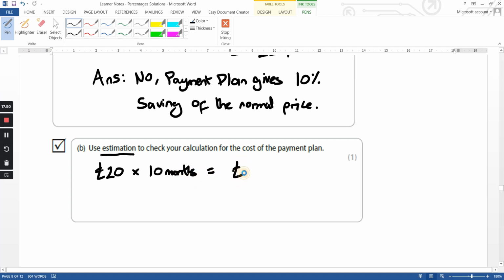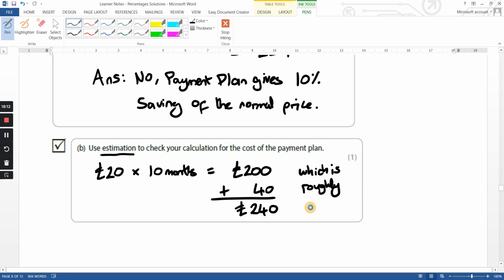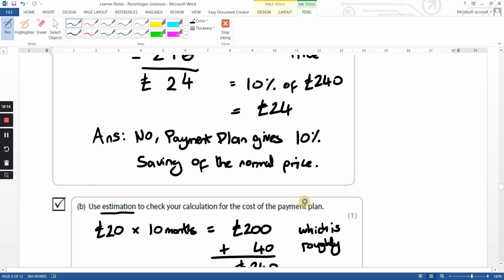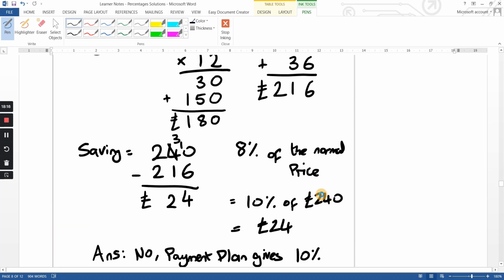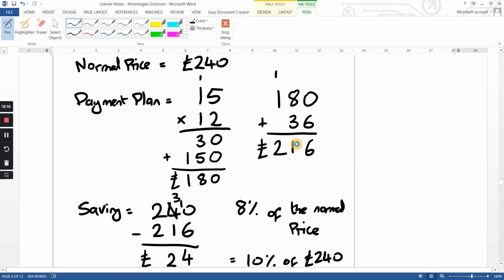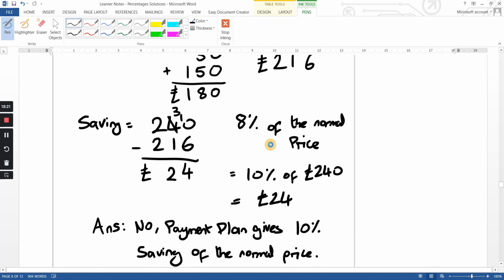That's going to give you £200 roughly, plus the deposit, which we said, again, round it to 40. So you should get roughly £240, which is roughly what was the price of the payment plan? £216, which is pretty close.